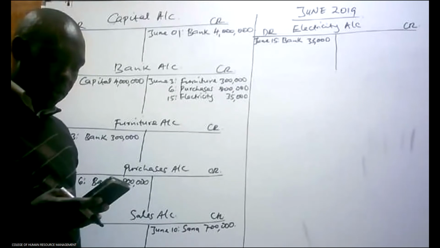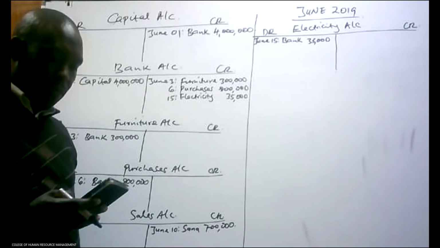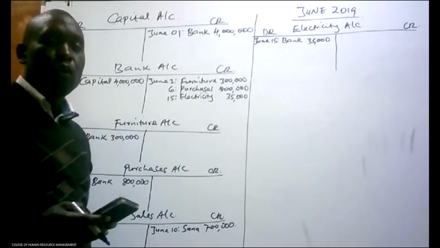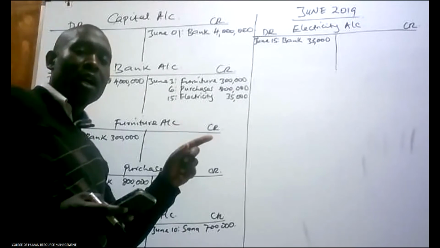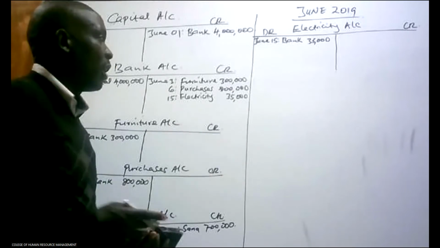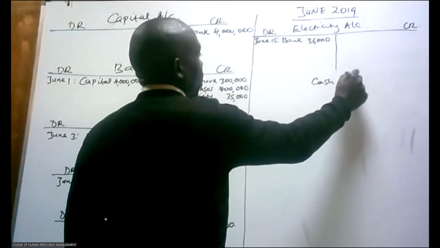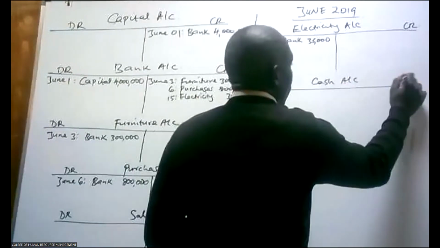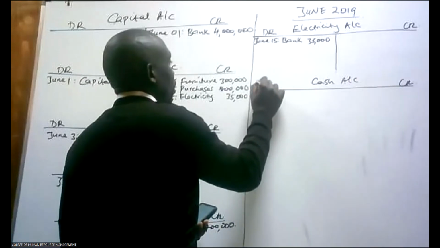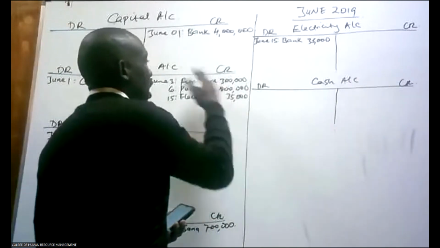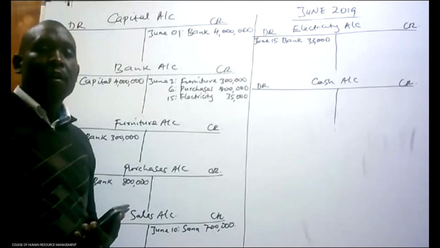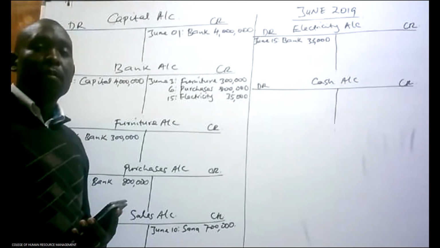On the 16th, we withdrew 50,000 from the bank and put it in the cash till. So it is transferring money from bank to cash. That is what we call contra entry. So here we shall open the cash account. Remember, cash and bank are both assets. But remember, one of them is paying out and the other one is receiving.